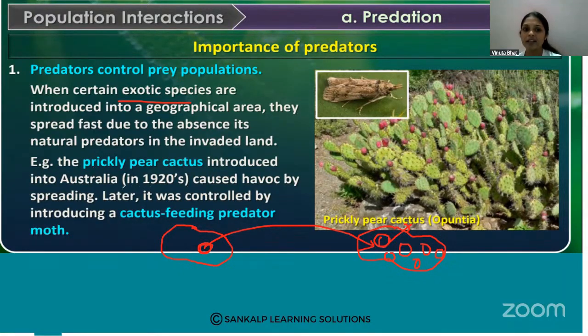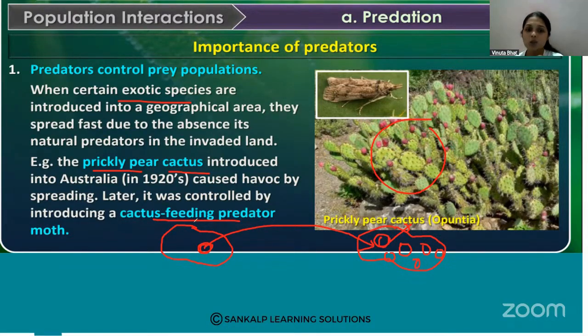In the 1920s, in Australia, the prickly pear cactus was introduced in a particular area. It spread enormously in that area because of the absence of the predators. Cactus-feeding predators were absent in that area, so it spread very enormously.